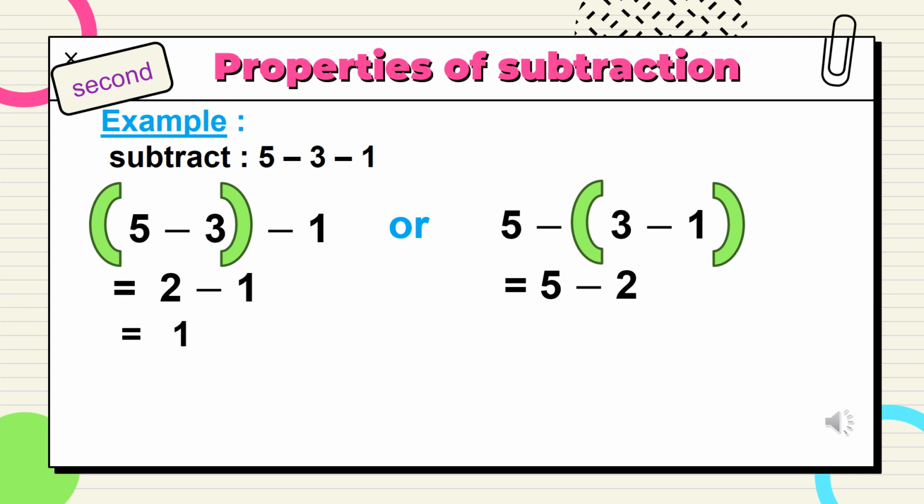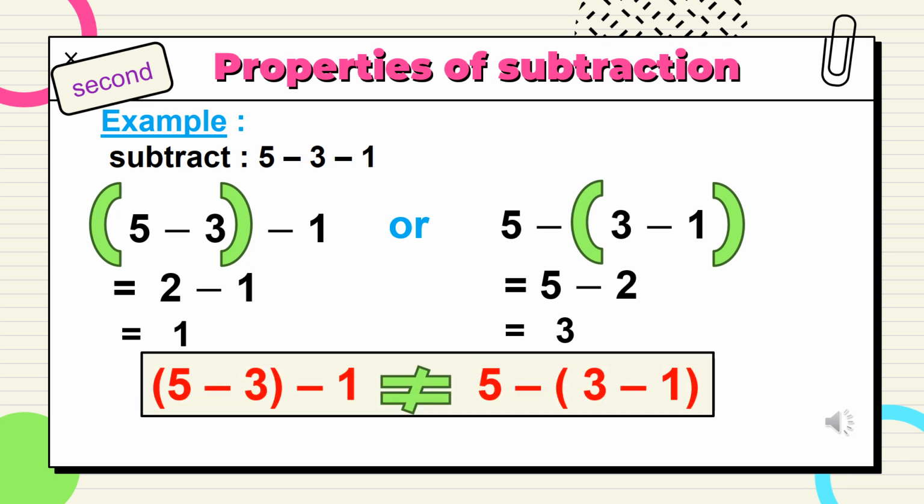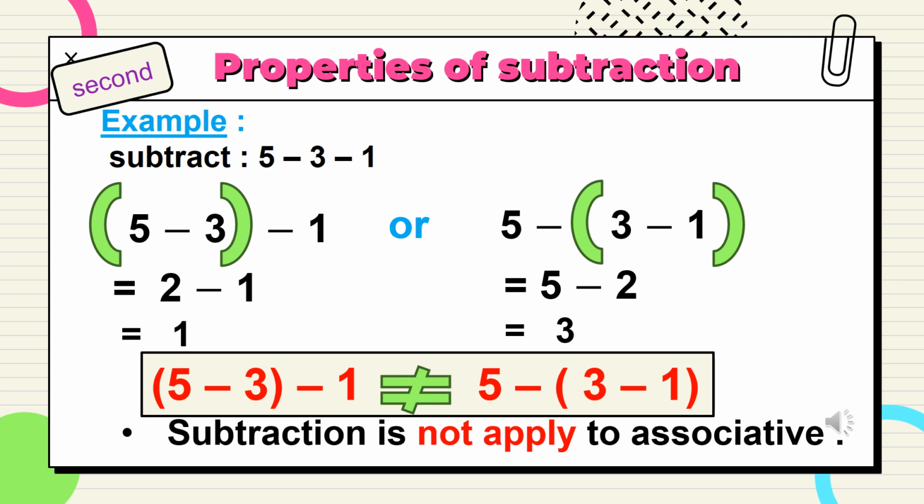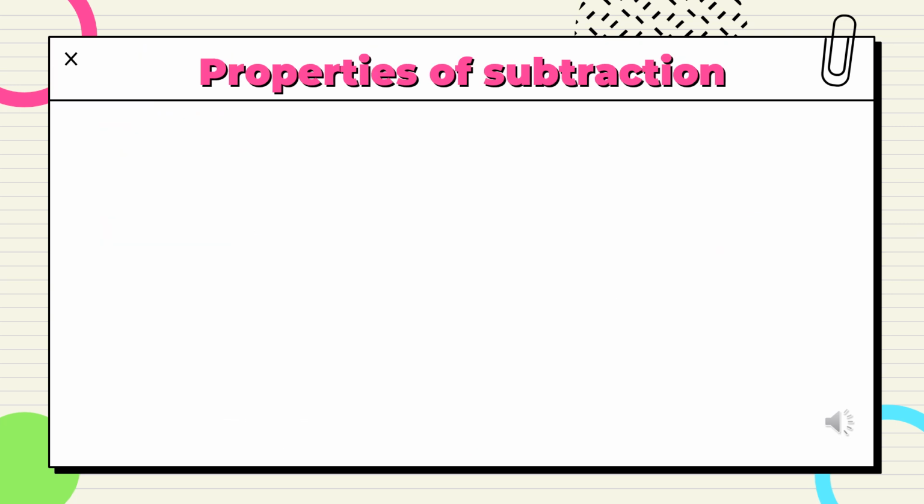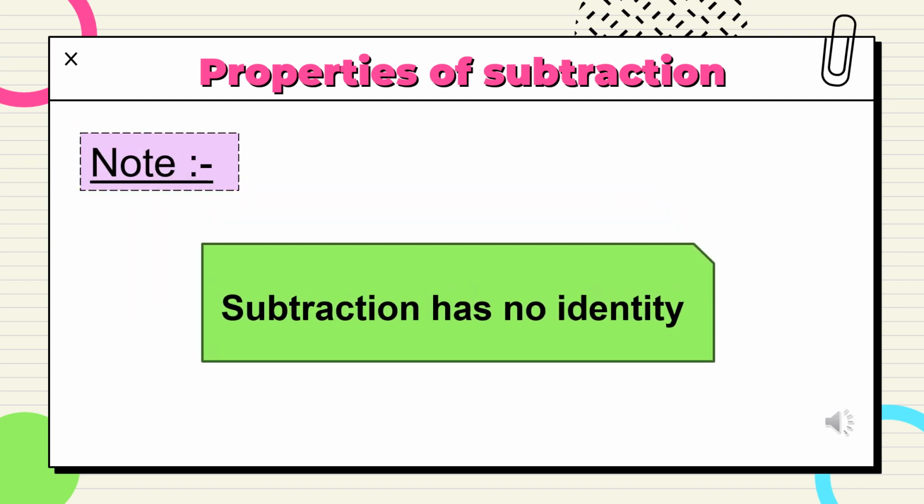So 5 minus 2 equals 3. So we have here 1 and we have here 3. They are not equal to each other. So subtraction is not applied to associative property. On this slide, we have a small note which is subtraction has no identity.